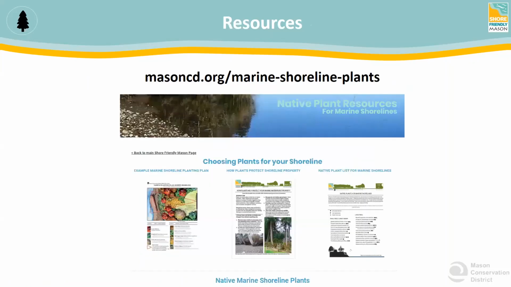And then other handouts that talk about the pruning that we were talking about, how to manage your trees so that you can still see out, and then a whole list of plants that do well on shorelines and their salt tolerance and that sort of thing.